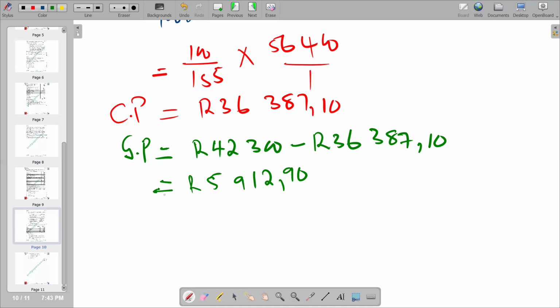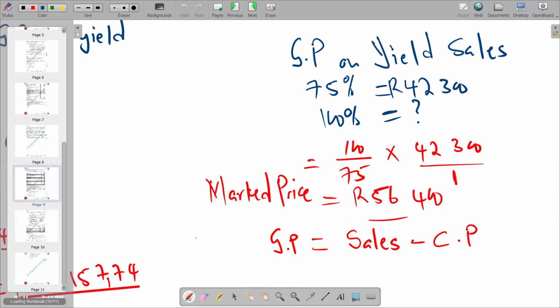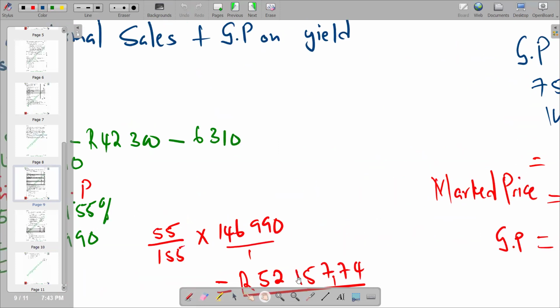So to get our total gross profit, we say our gross profit on yield sales, which is 5,912 rands 90 cents, and then we add gross profit on normal sales, which we found as 52,157 rand 74 cents.